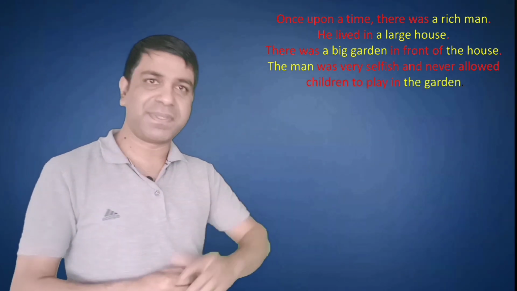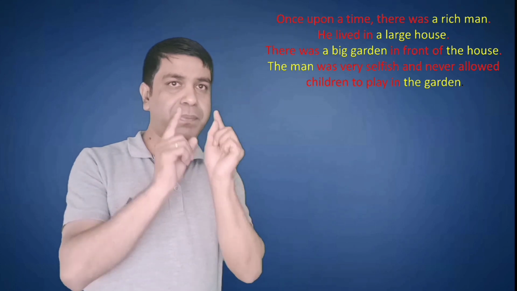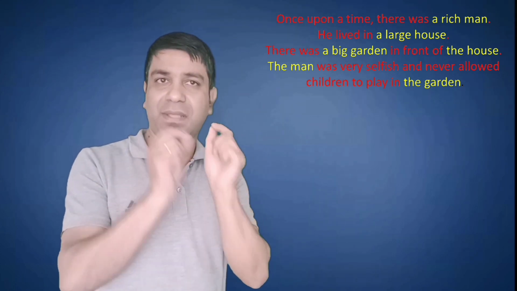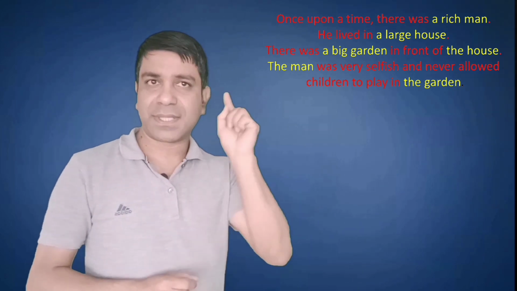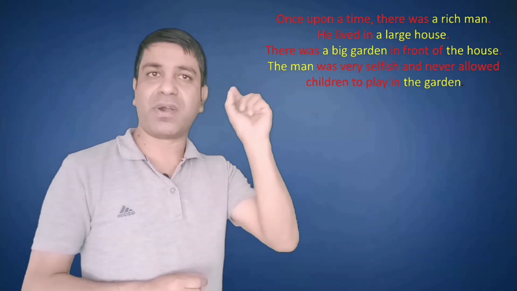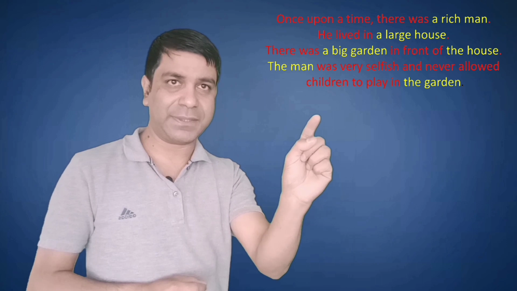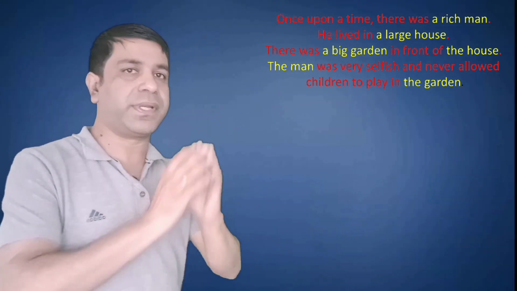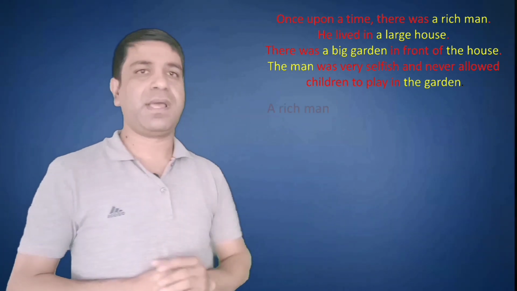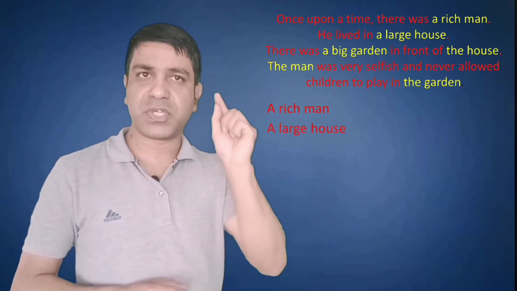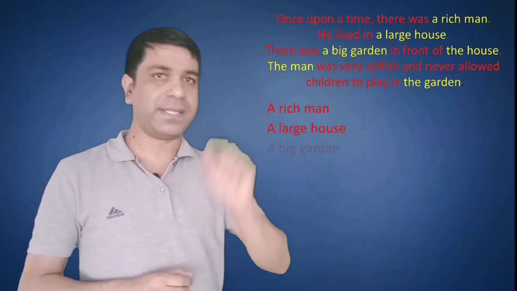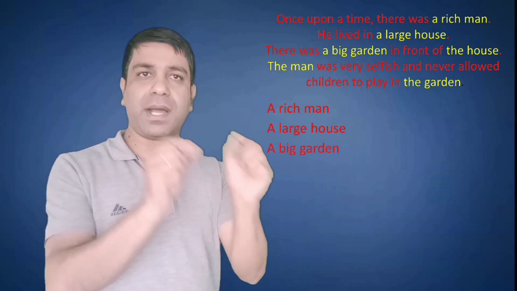Did you see the example? When you introduce a person, thing or an event, always use a. When you talk about the same person, thing or event, use the. In this short story, we introduced man as a rich man, house as a large house, and garden as a big garden.